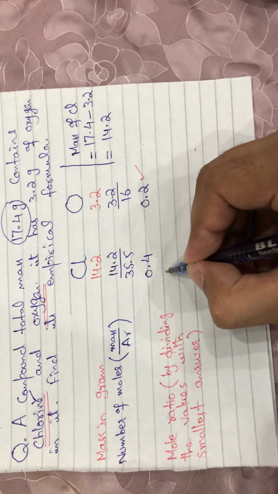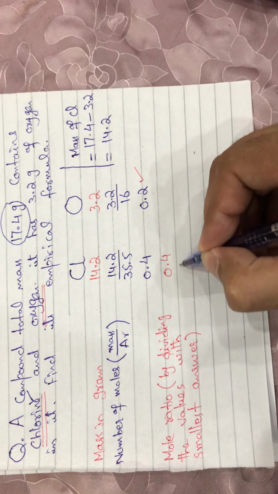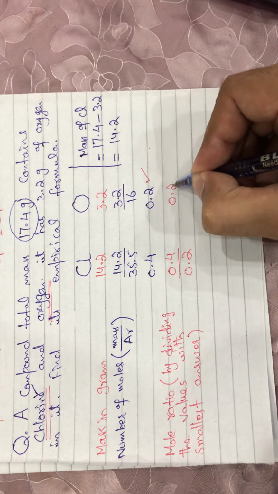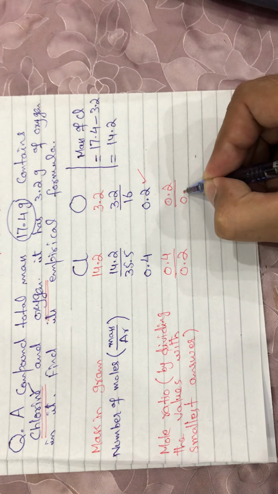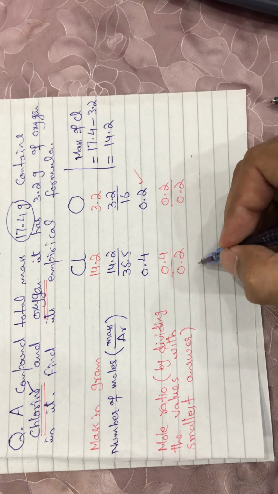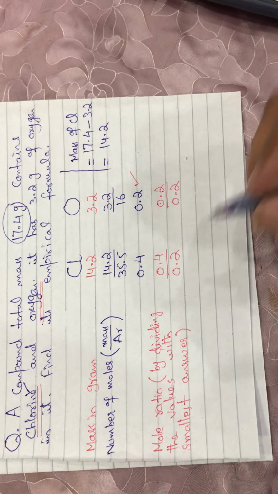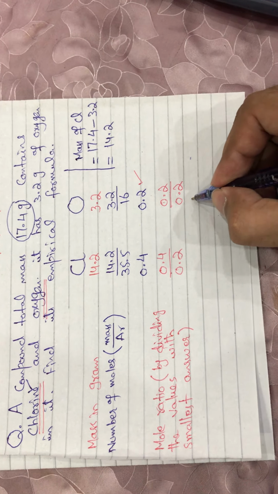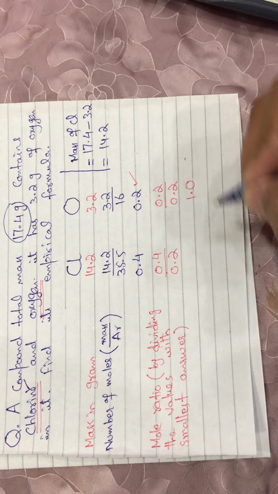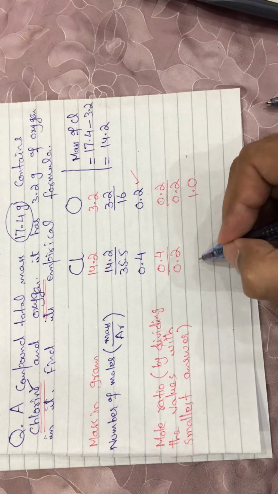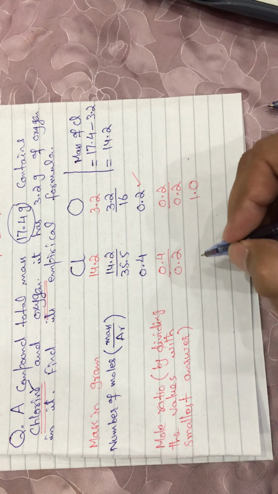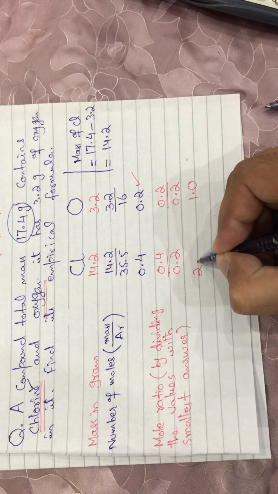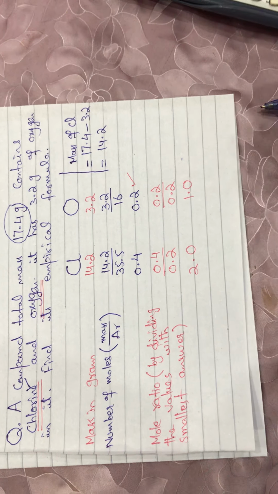So we will divide 0.4 by 0.2 as well as 0.2 by 0.2. 0.2 divided by 0.2 is 1.0, while 0.4 divided by 0.2 is 2.0.